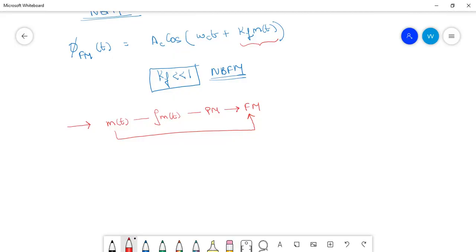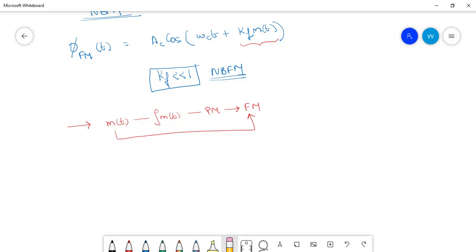If someone has to write Ac cos(omega_i t plus theta), wherein omega_i is equal to omega_c plus kf m(t), this is one way of writing your frequency modulated wave, but otherwise you can just directly write it in a phase modulated format. Now you know the relationship between a phase modulated and frequency modulated wave, right?